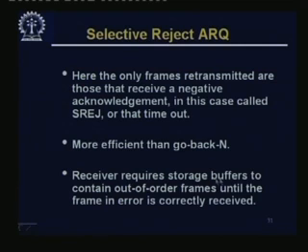The receiver requires storage buffers to contain out of order frames until the frame in error is correctly received. So if a particular frame is wrongly received and some subsequent frames are correctly received, they have to be stored in the buffer, so that when the wrongly received frame is retransmitted by the transmitter and comes in proper shape, it can be inserted in the middle of that list somewhere.